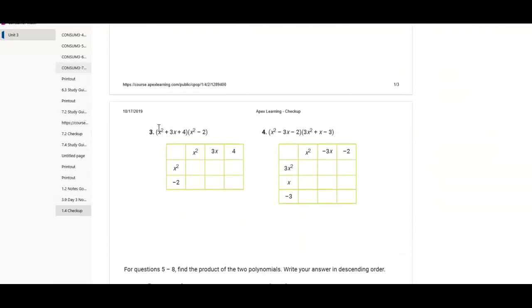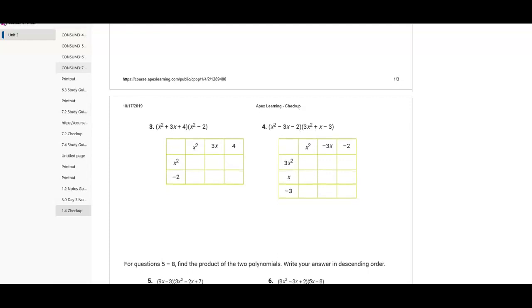So the next one, they want you to multiply these two polynomials, but they want you to use the box. So what they did is they took the first polynomial and they wrote it in the first three boxes here. Then they took the second polynomial and wrote it in the boxes here.